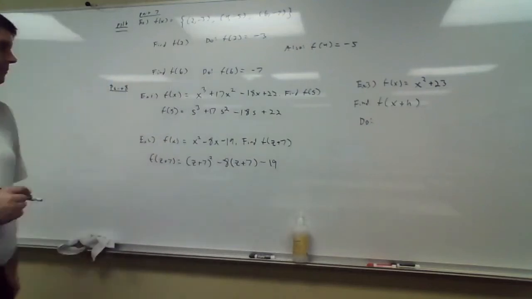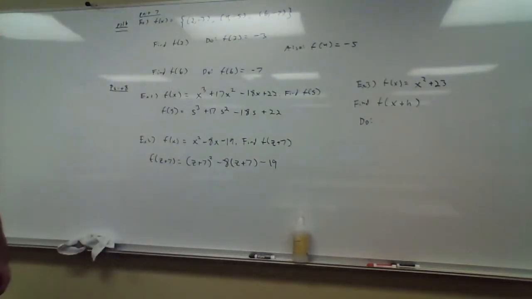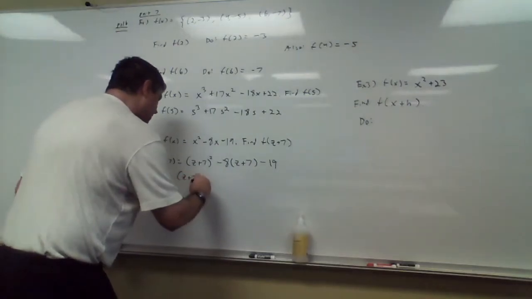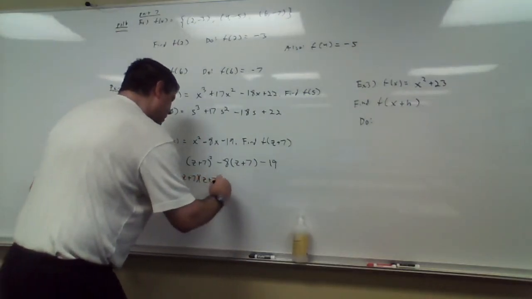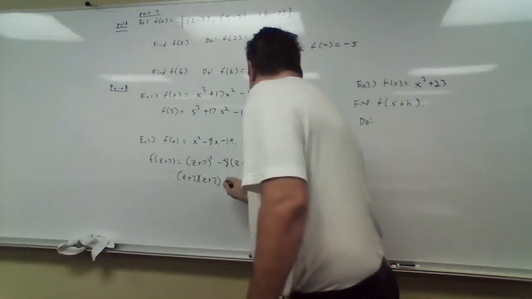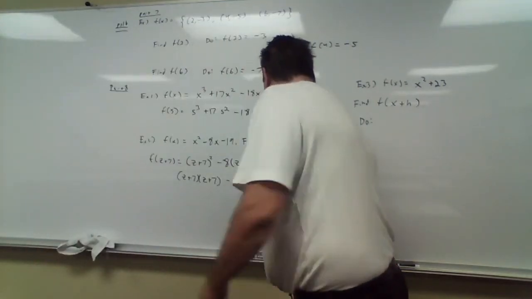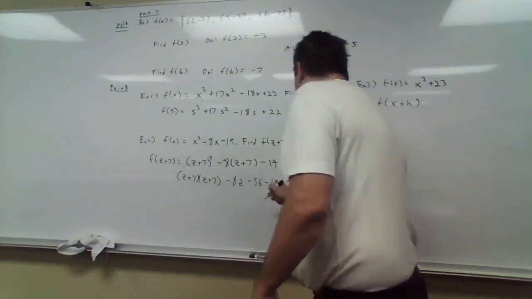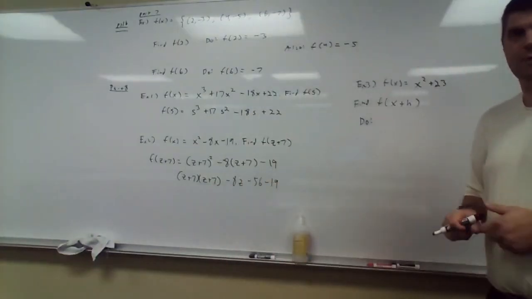Okay? Well, this is going to be z plus 7 times z plus 7. I'll go ahead and distribute this negative through. That's going to be minus 8z minus 56 minus 19. I keep that. Okay?